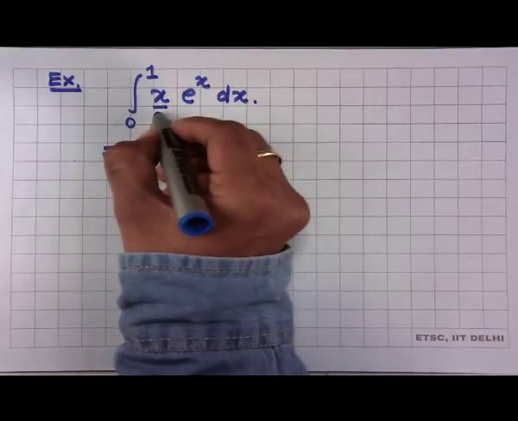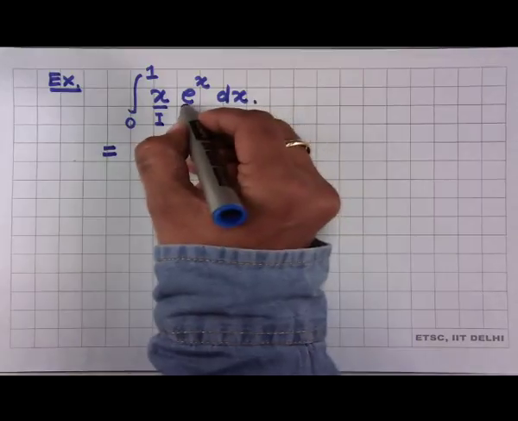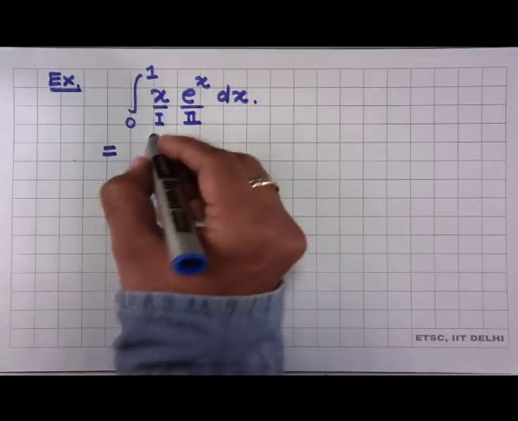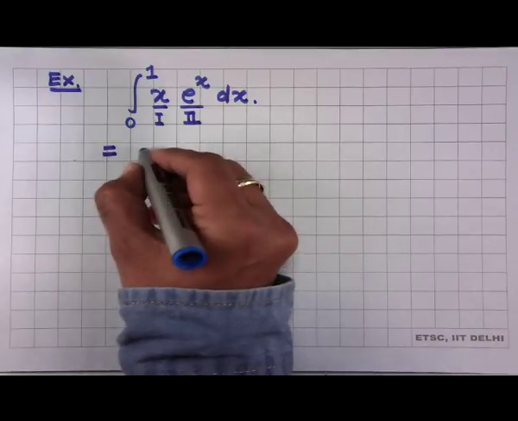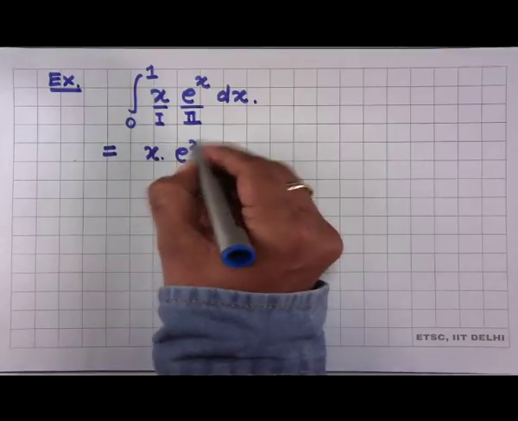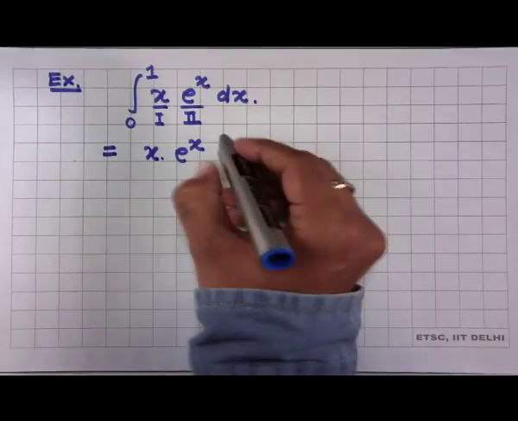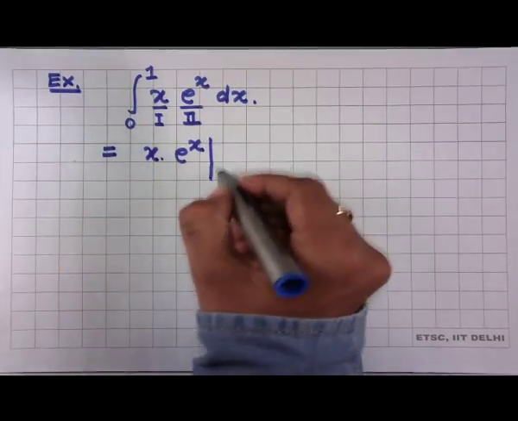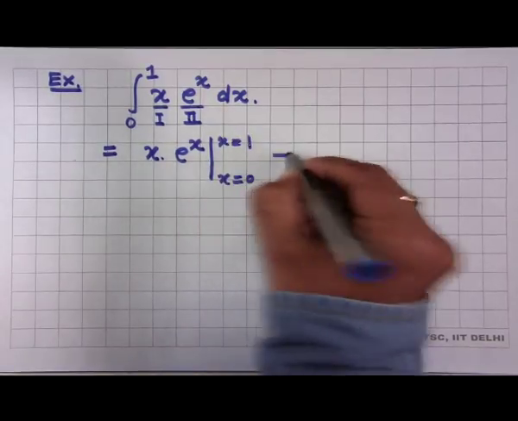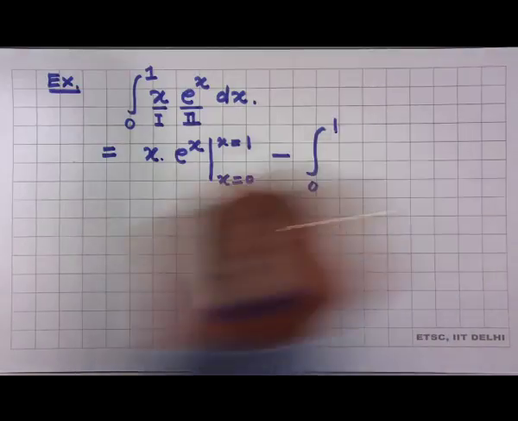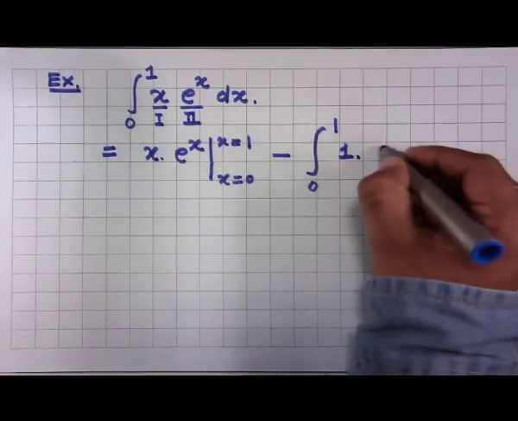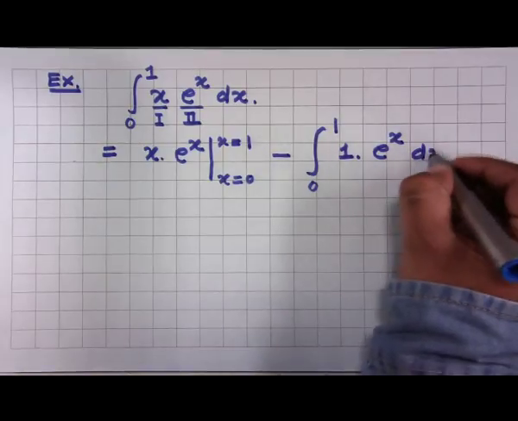So if we say this is our function first and this is our function second, so by parts integration we get first function into integration of second. So we get x e to the power x from x equals to 0 to x equals to 1 minus integral 0 to 1, differentiation of first will give you 1 and integration is e to the power x dx.